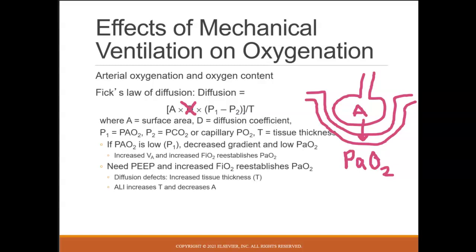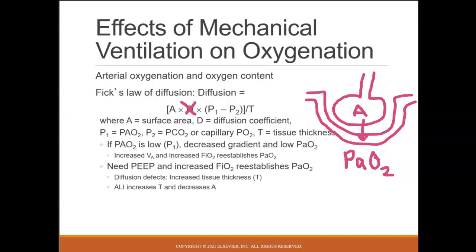Your P1 to P2 is your pressure gradient, so this is how much pressure gradient there is. Pressure 1 is the pressure in the alveoli, and pressure 2 is the pressure in the capillaries. Your T then is the thickness of this wall.